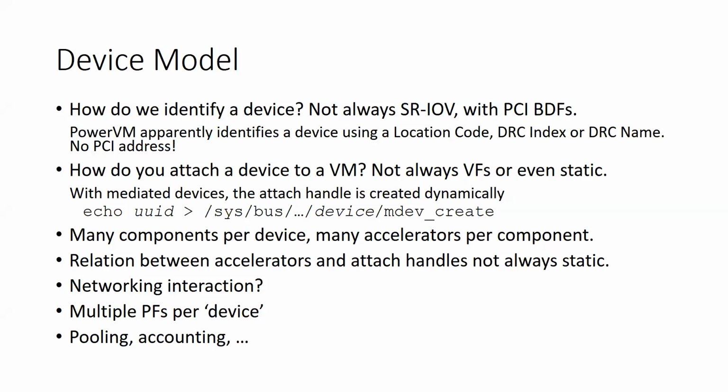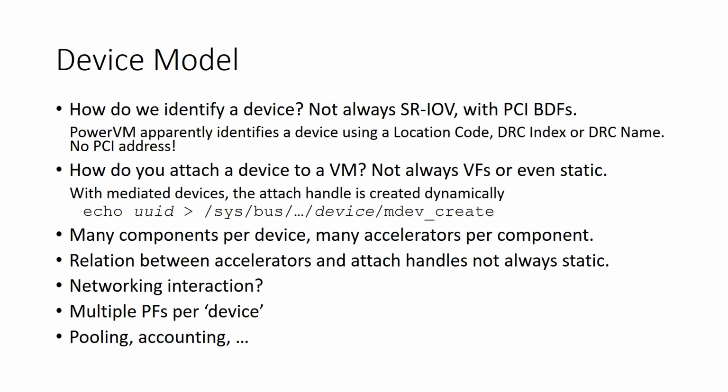The second level of abstraction would be how do you attach a device to a VM, and that could be a VF, or that could be the MDev, the mediated device. This is what I was trying to explain before. When you want to create a new virtual instance of a GPU or any device which supports mediated devices, it will typically show up in the sysfs hierarchy as a node in /sys.